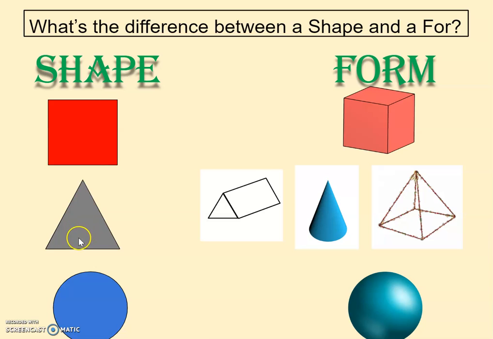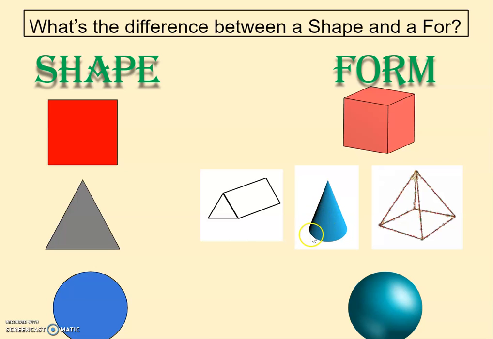Here we have our triangle, a shape, flat. Here we have different forms that can be from a triangle. We have a prism, which looks like a triangle to start with, and then we see the other side of it, which is going back into space.